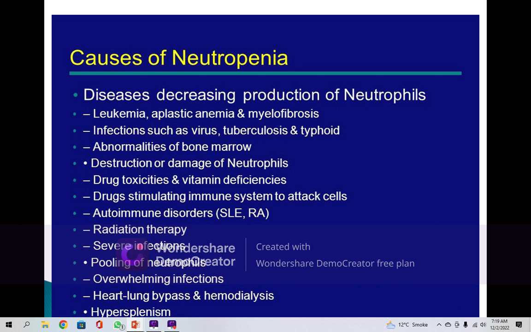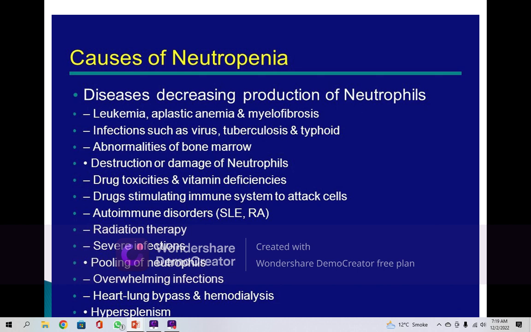In cases of bacteremia, going to septicemia, septicemic shock, or what is called systemic inflammatory response syndrome, or multi-organ dysfunction syndrome, because the neutrophils are attacking specific sites, the count in the blood will be lowered. This is the concept.